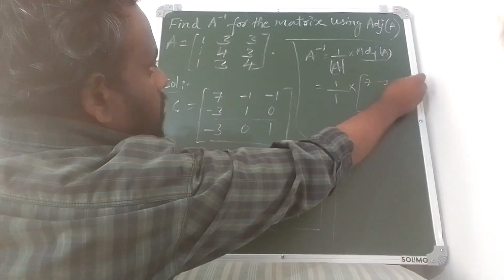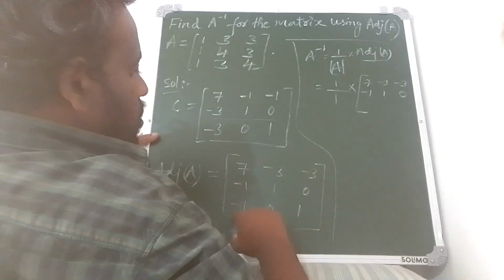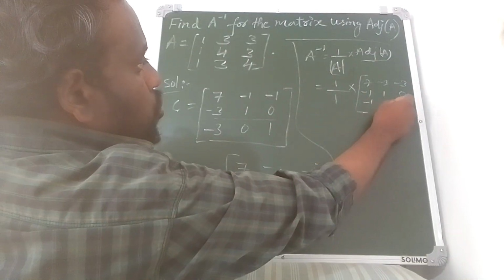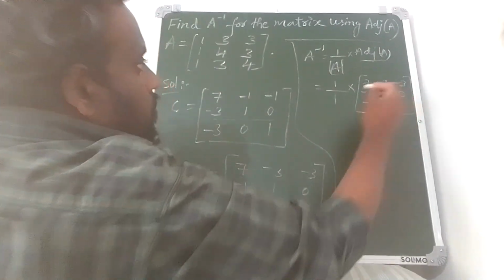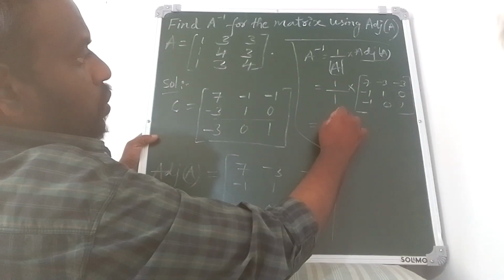7 minus 3 minus 3, minus 1 1 0, minus 1 0 1. Now 1 by 1 is 1 only.